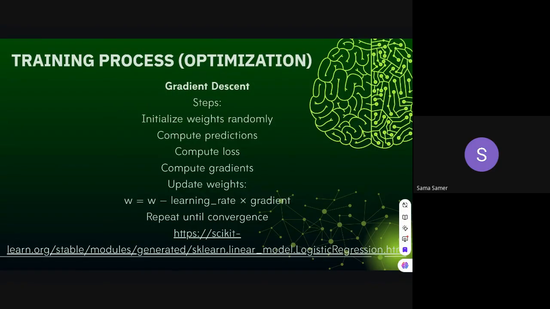This is how we update our weight: the new weight, W new, equals W old minus the learning rate multiplied by the gradient. The learning rate is one of the most important things that we have. If the learning rate is very, very high, the model will become unstable. Unstable means that the predictions won't be that stable or that good.